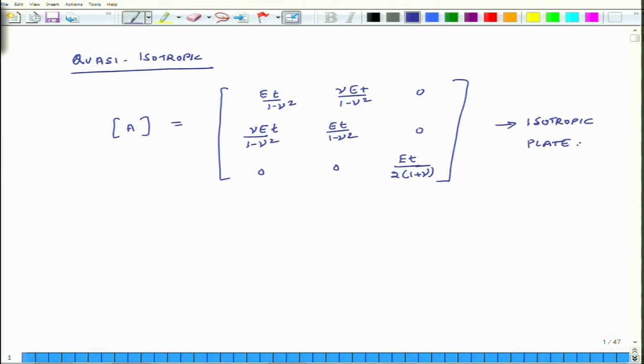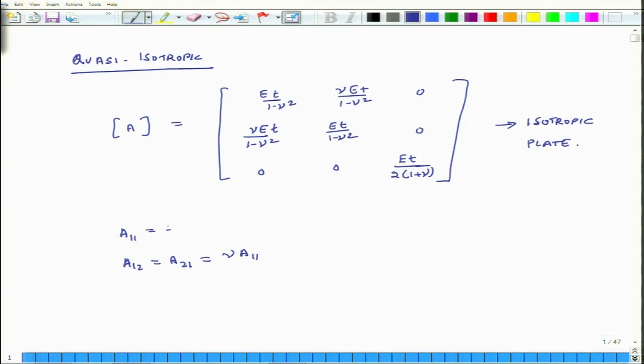It is the A matrix for an isotropic plate, and if we look at this A matrix, what we find is that A11 equals A22, this is one equivalence. The other thing we note is A12 equals A21, and that equals nu times A11.